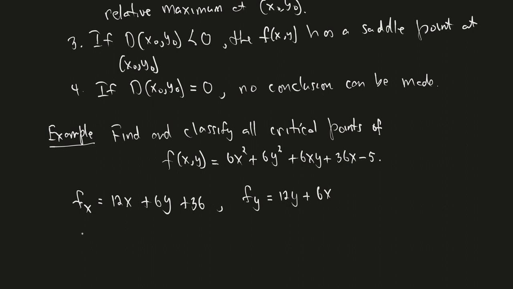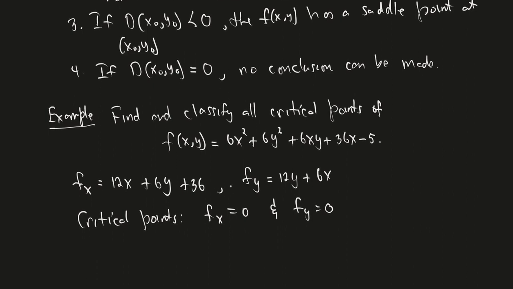So for critical points, what has to happen is both of these derivatives have to be equal to 0. So our fx is equal to 0 and fy is equal to 0, because both of these derivatives always exist, right?